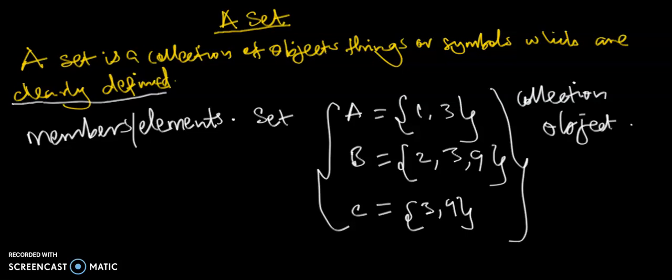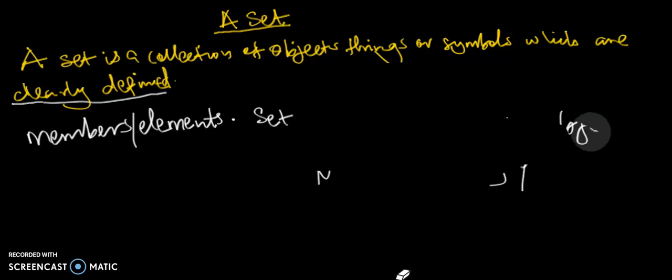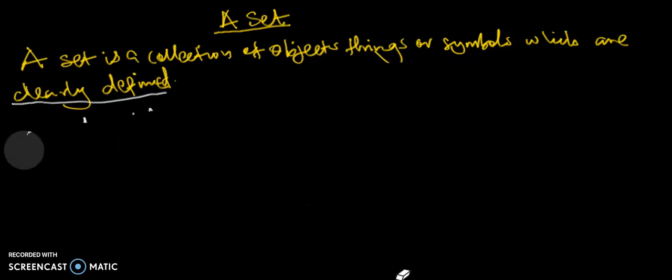Let's take these symbols that are very important in our dealings with set theory. We have what we call intersect. This sign here implies that we are referring to intersect.